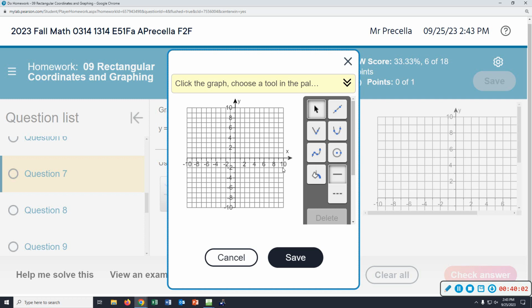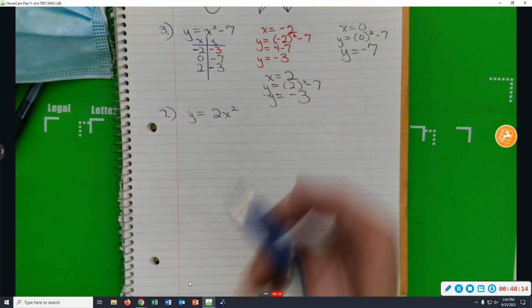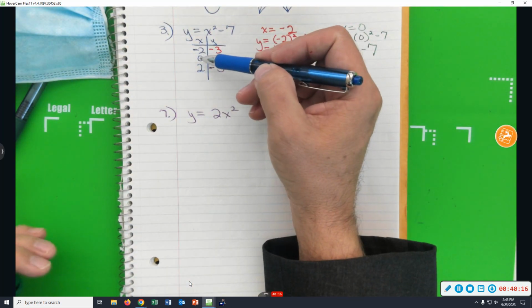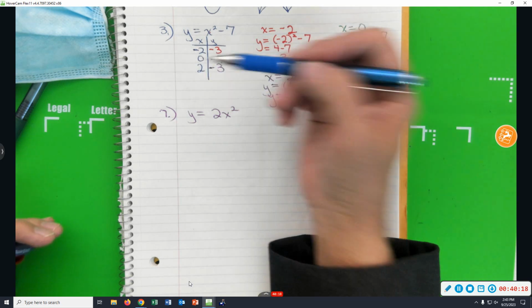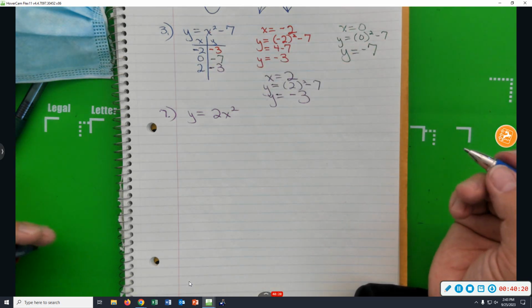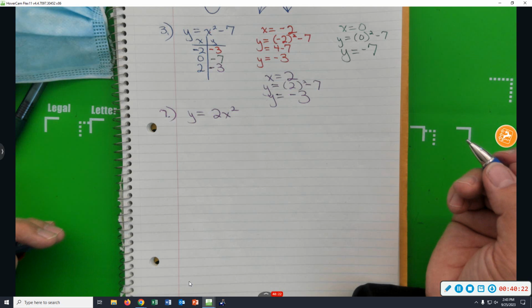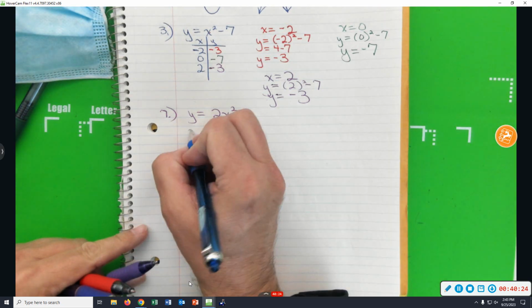So for the numbers you choose, I recommend you use numbers close to 0. We could use those same numbers that we used in the previous problem, number 3. We could use -2, 0, +2. I think I'll just use -1, 0, and +1. How does that sound? Okay.